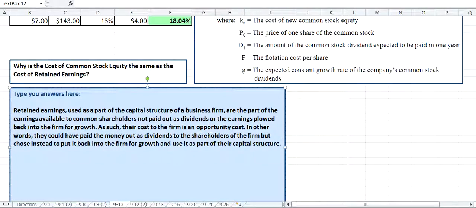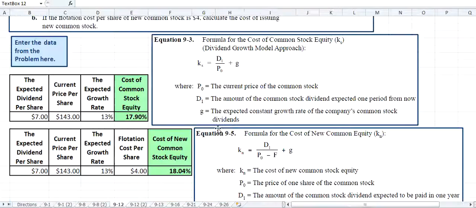So if we look at the cost up here of common stock equity, that is the return that the stockholders are demanding. They're not going to buy stock, they're not going to invest in your company, they're not going to give you capital to use unless they're pretty sure of a 17.9% return.